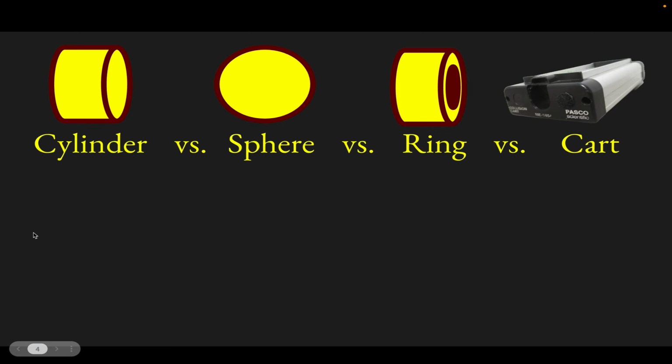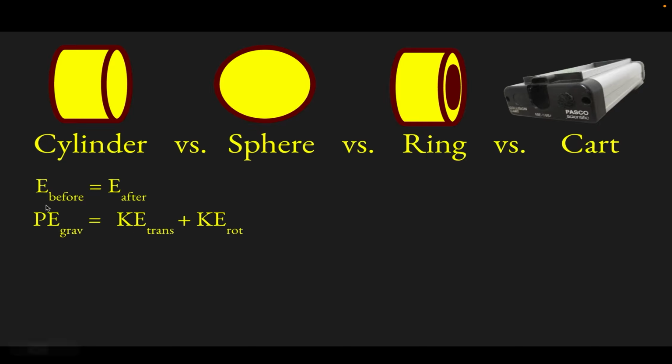So let's see if we can calculate why they'd finish in that order. The approach we're going to take this time is looking at energy conservation. If we look at the mechanical energy in the system before, when they're released, and set that equal to the mechanical energy of the system after, when the object is at the bottom of the ramp.